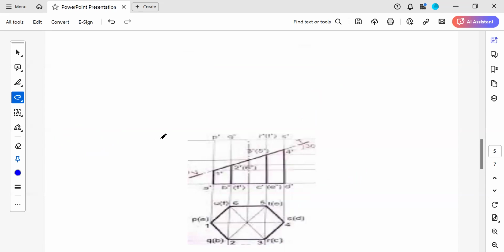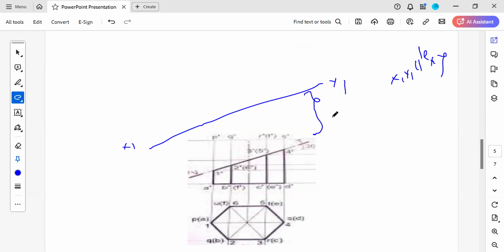we need to draw one more reference line, that is x1 y1, that will be parallel to xy. So x1 y1 should be parallel to xy line at any convenient distance. You can take any distance, let us take 40 mm or 50 mm.